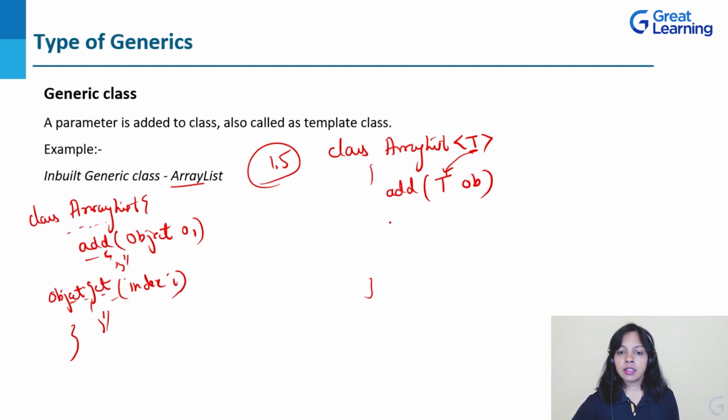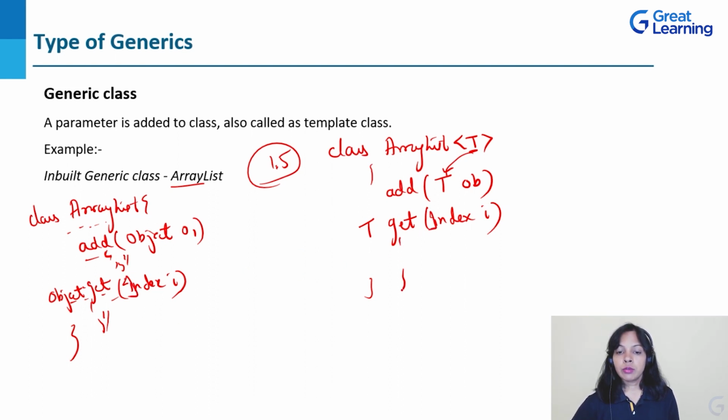Similarly, the other methods were also modified. For example, get now has a return type of T, and it takes a parameter of index, capital I here also.